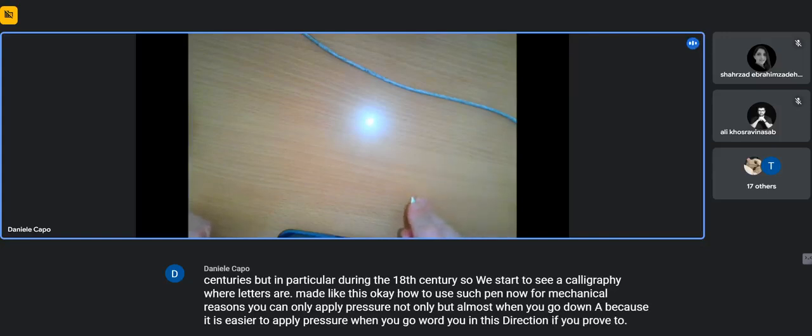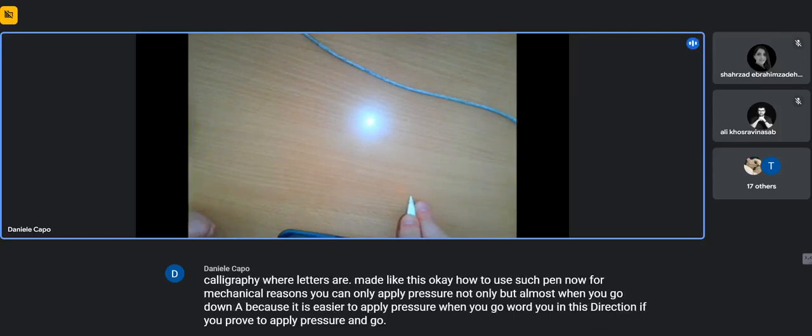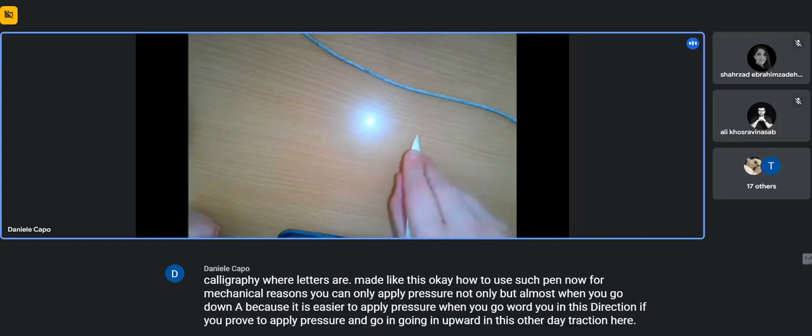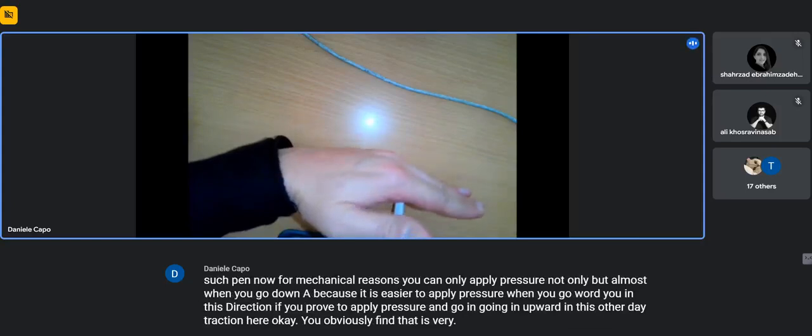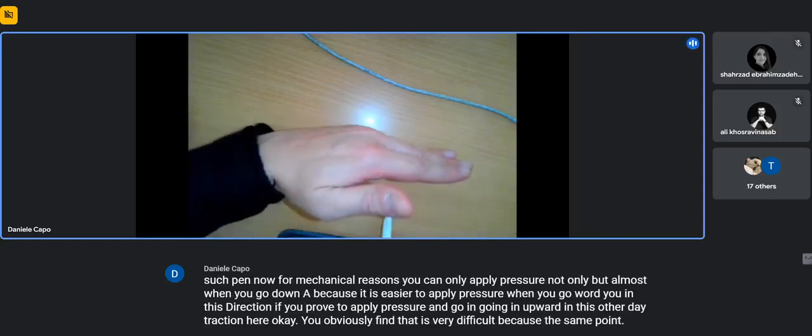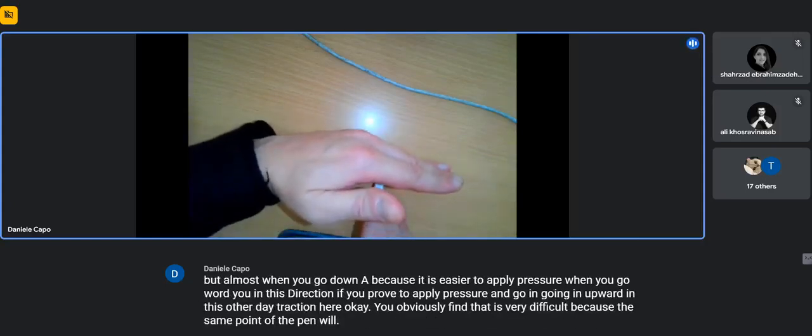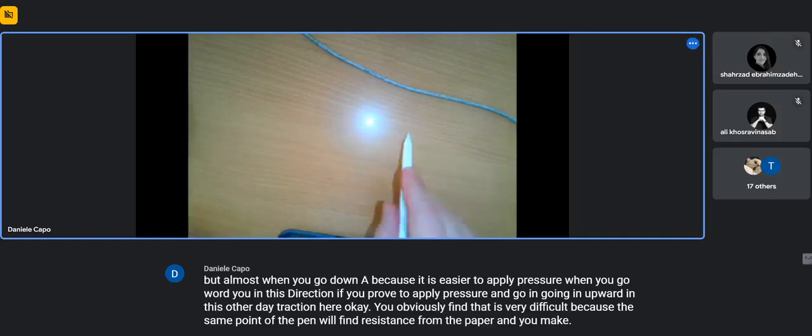If you try to apply pressure and go upward in this other direction here, okay, you obviously find that it is very difficult because the thin point of the pen will find resistance from the paper and you make a mess, okay?